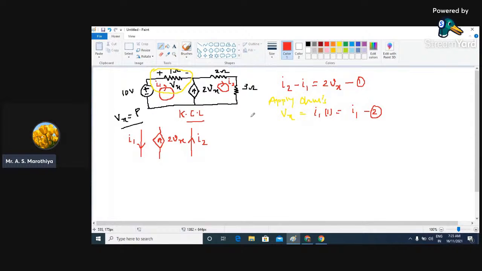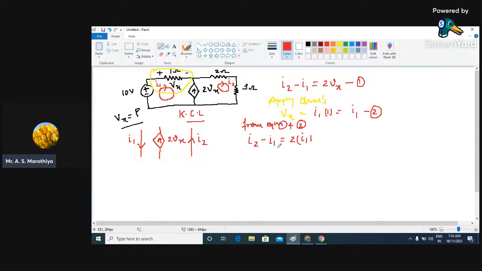Now if you combine equation 1 and 2, from equation 1 and 2, I can write I2 minus I1 is equal to 2Vx. Now from equation 2 we got that Vx is exactly equal to I1.